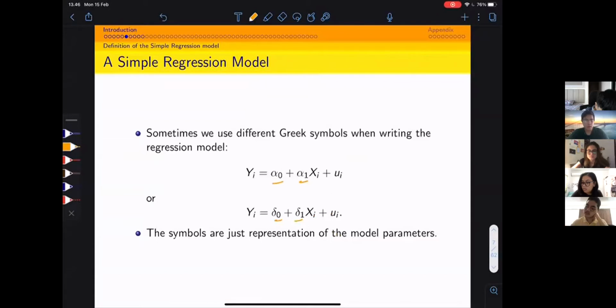Alpha 0, alpha 1, beta 0, and beta 1 are basically the same. They're just representations of the model parameters. So don't get confused if you see one textbook writing it using the alphas and another textbook using the betas.